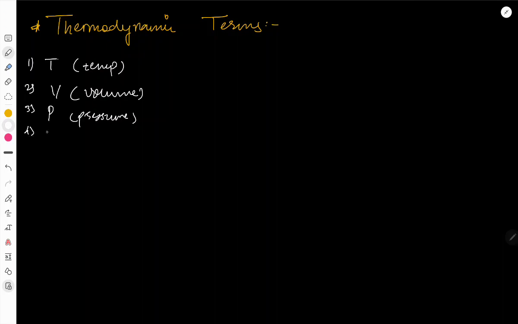Fourth will be heat or enthalpy, that would be denoted by H. Enthalpy is a good word, a thermodynamic word used for heat. The fifth one would be internal energy, that is potential energy of the system. That is denoted by the letter U. Yes.